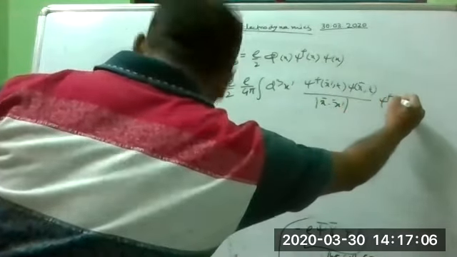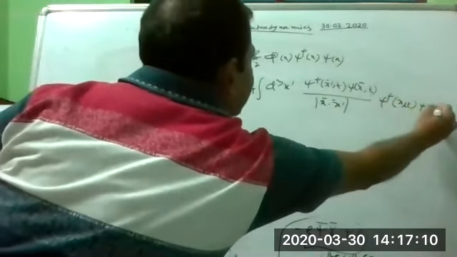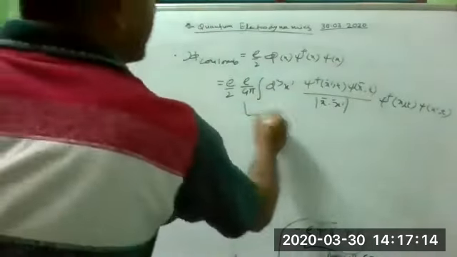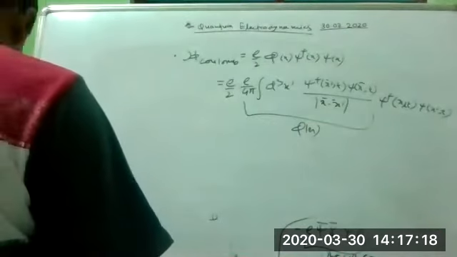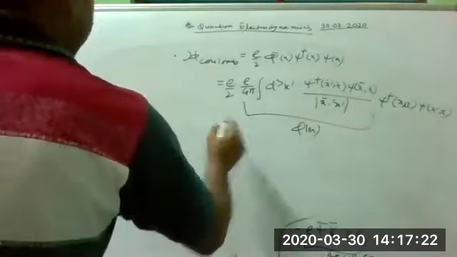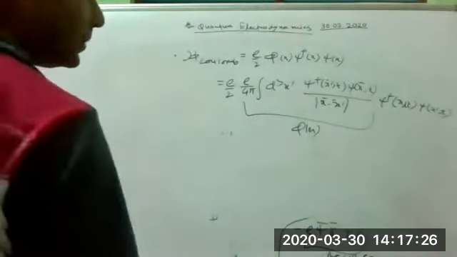This value is actually phi of x. This is the electrostatic energy density.